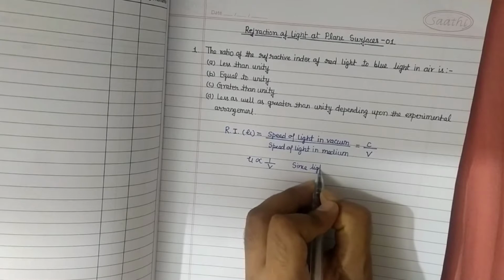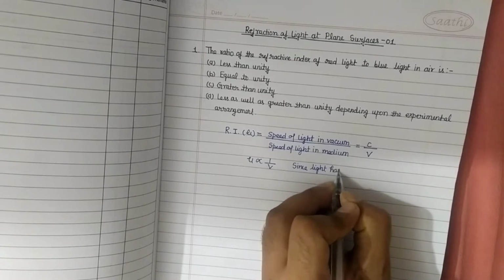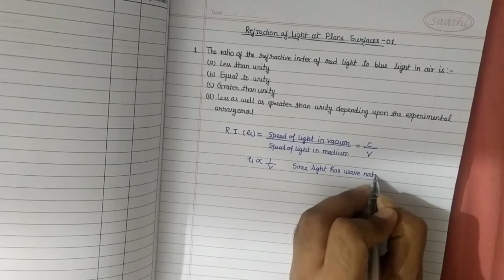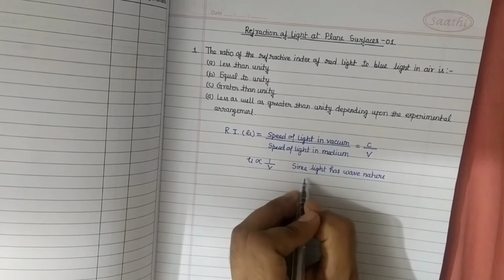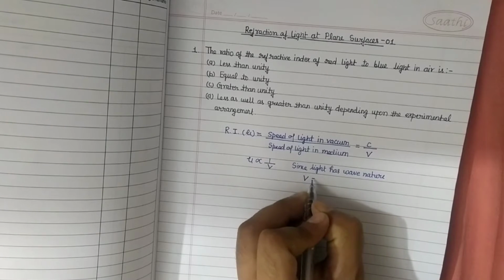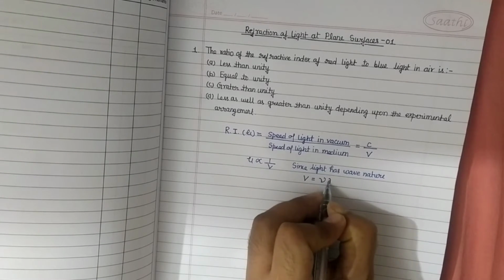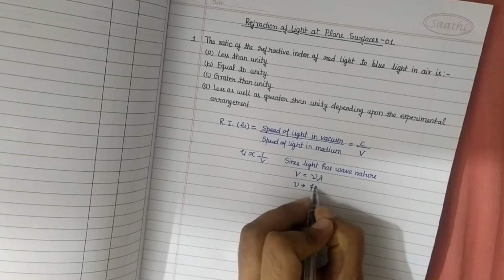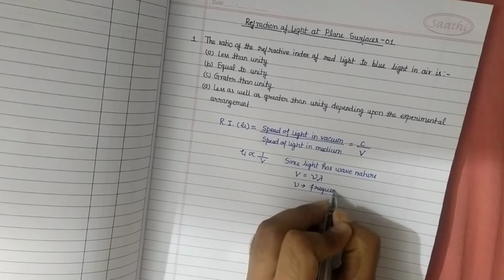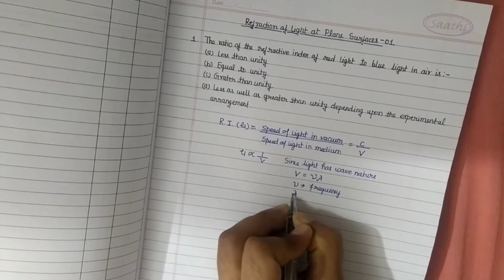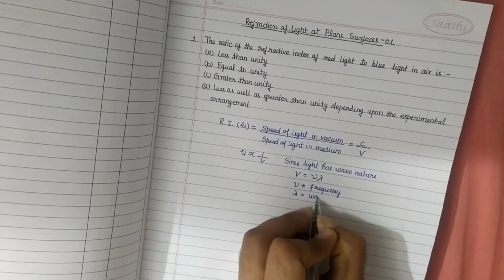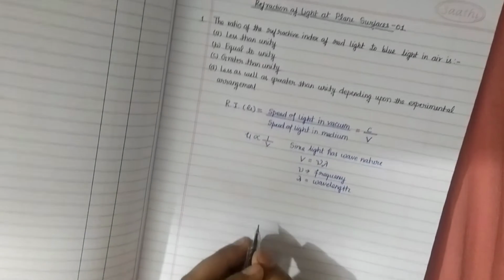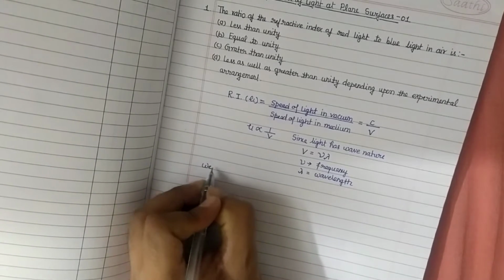Since light has wave nature, this v will be equal to nu lambda, where nu is the frequency and lambda is the wavelength.